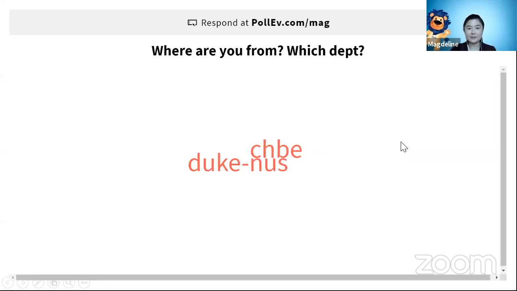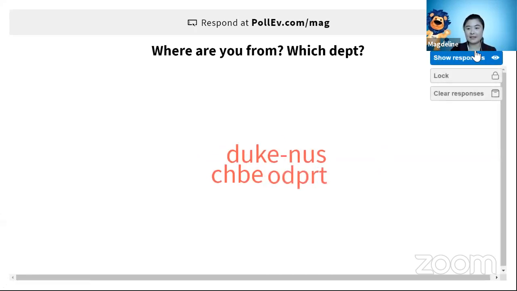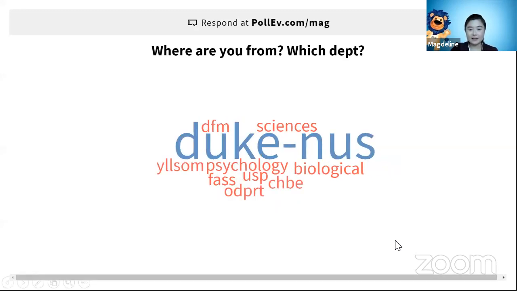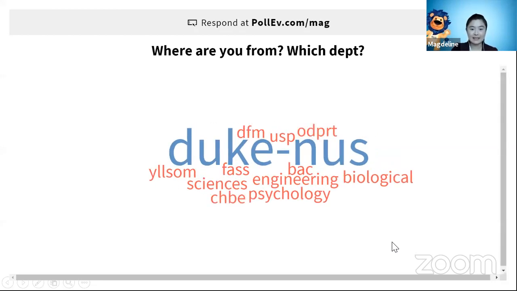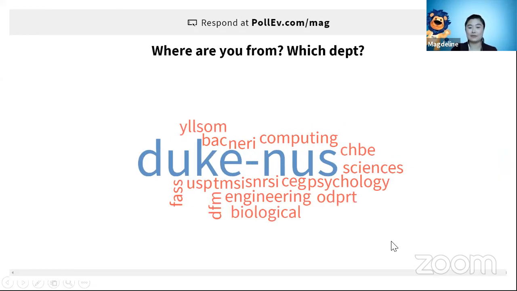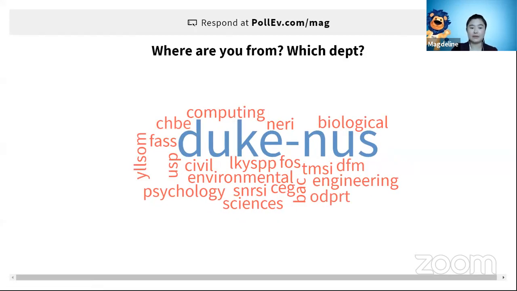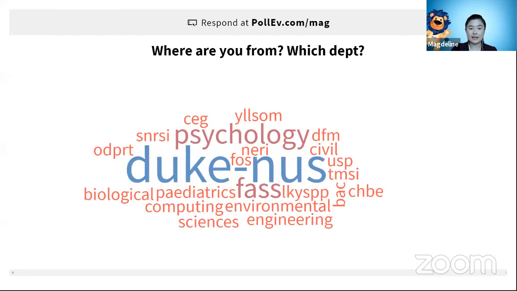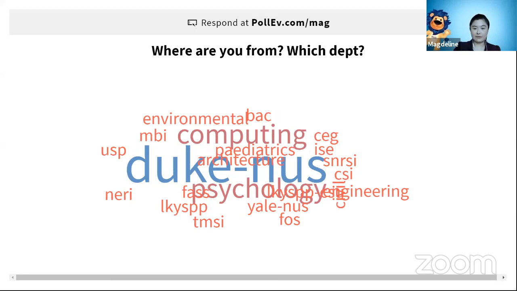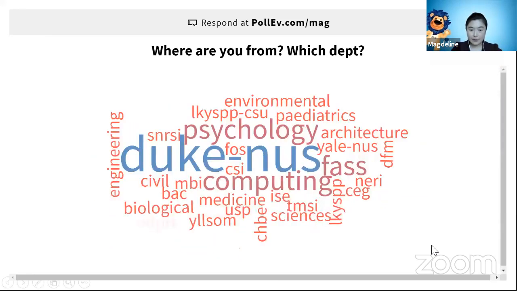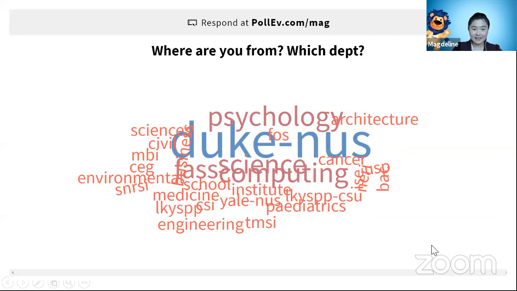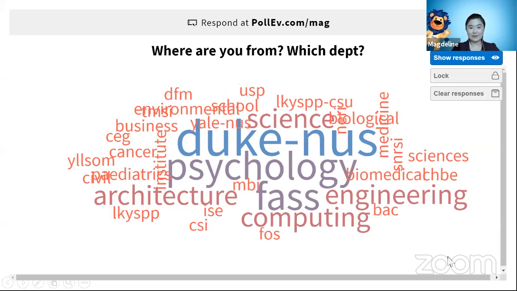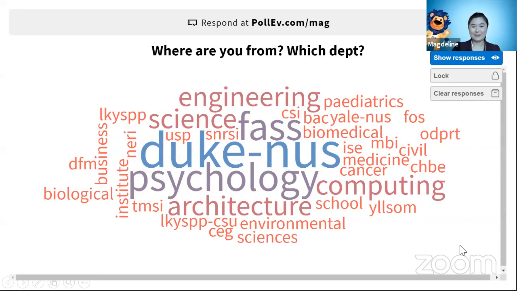CHBE, Duke, welcome. We have biological, from medicine, from sciences as well, FASS. This is good information for us, as we have a very diverse group today, like in the previous groups. Thank you, keep your responses coming. We also have USP, environmental sciences, engineering. Wow. We have lots from psychology as well. Thank you so much for your responses.